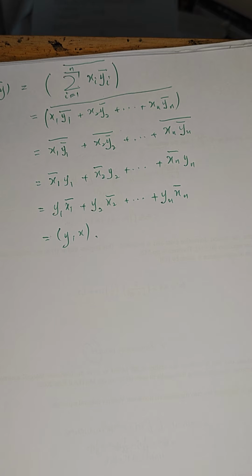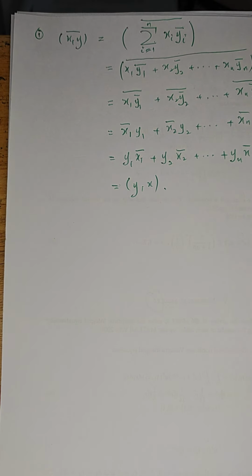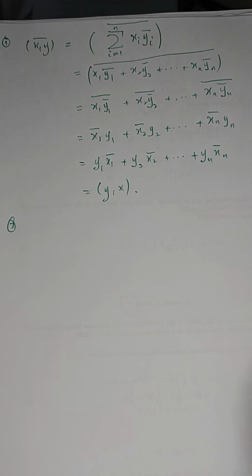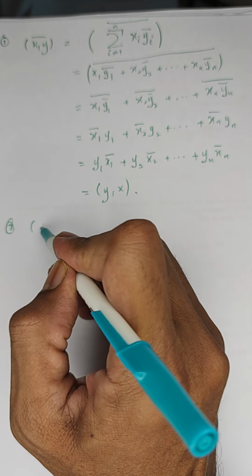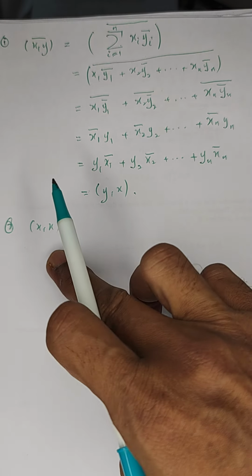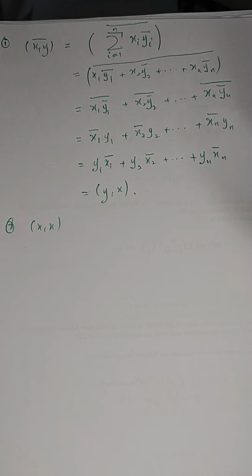Okay, and property number 2: we need to show that the inner product of x with itself is given as the norm of x squared.